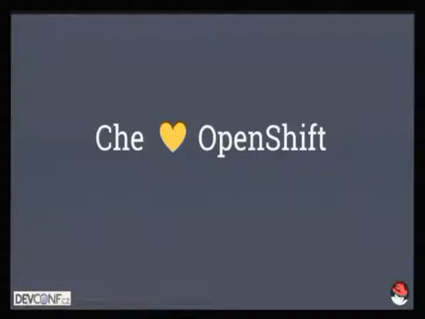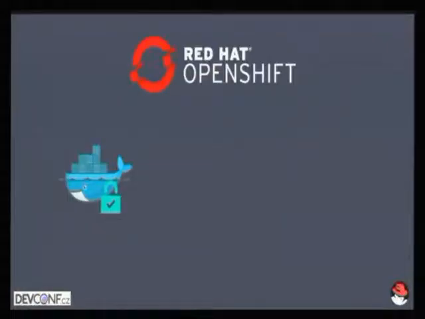Okay, so let's see. Now we have seen what Che is, what it does, and why a Che user should be interested in using OpenShift. Well, first of all, we have seen that the only prerequisite that Che has is having Docker running.